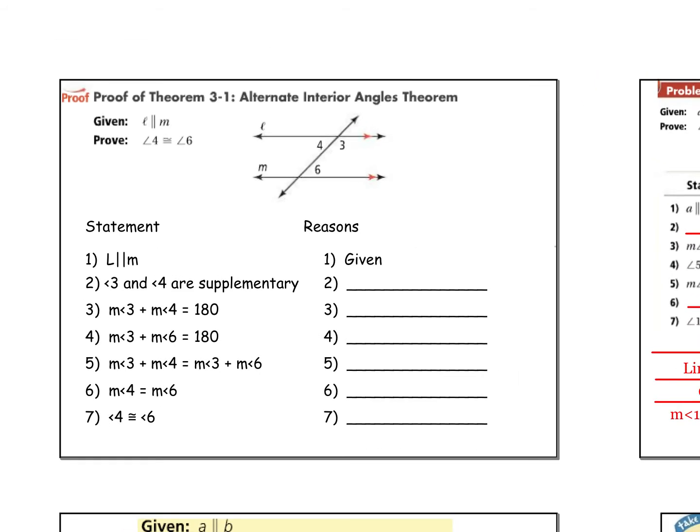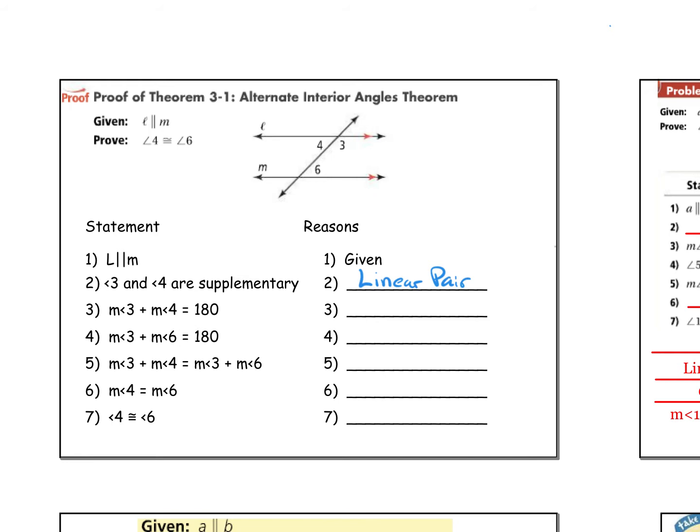I'm going to pause and have you try these reasons, and then we'll go over them. What do we get for line 2? 3 and 4 are supplementary because they are a linear pair. Nice.